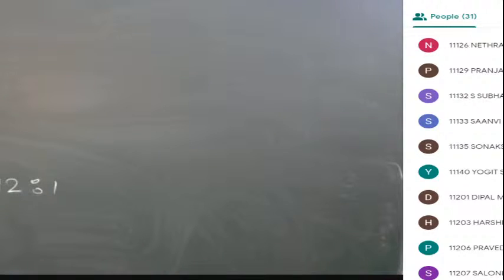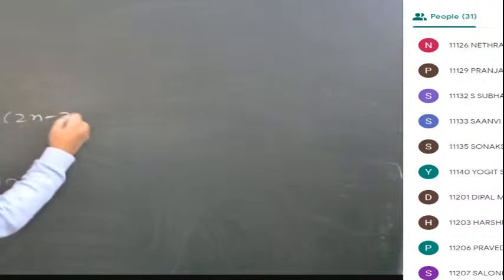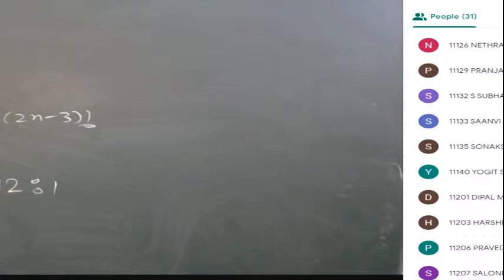Let me simplify these two things. I will write 2n factorial as 2n into 2n minus 1 into 2n minus 2 into 2n minus 3 whole factorial, divided by 2n minus 3 whole factorial, whole upon the denominator.